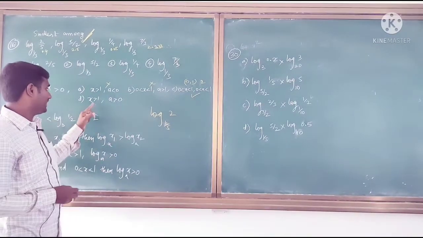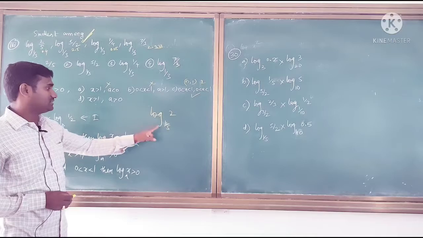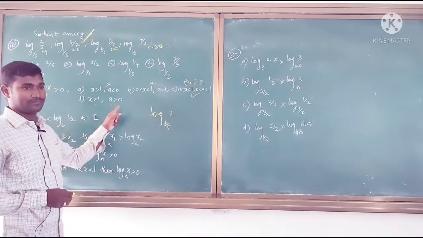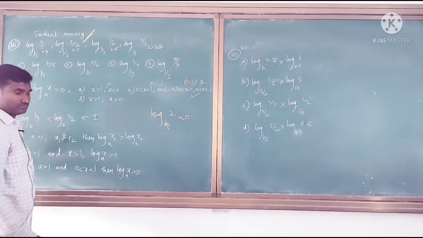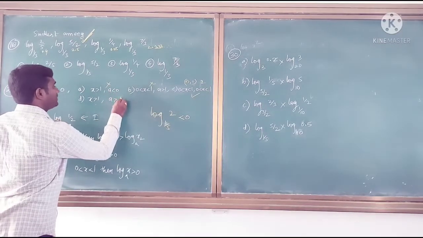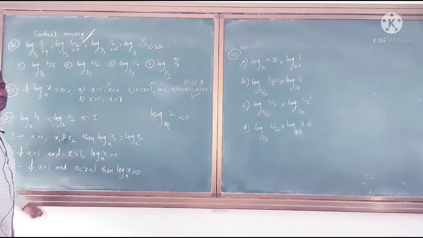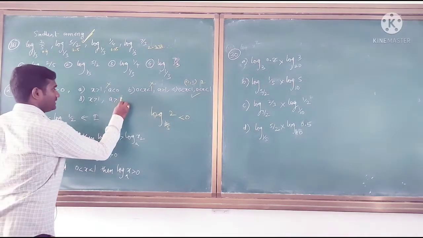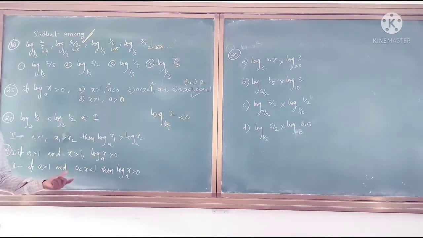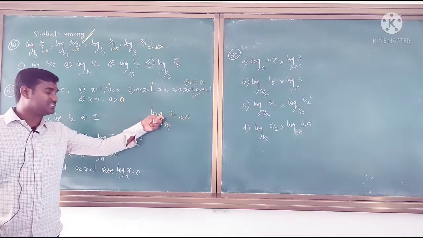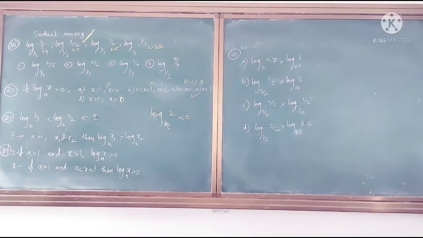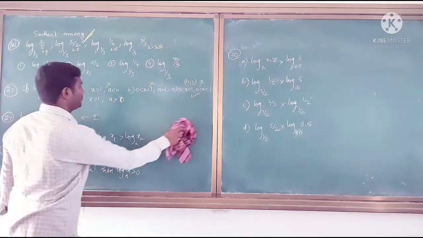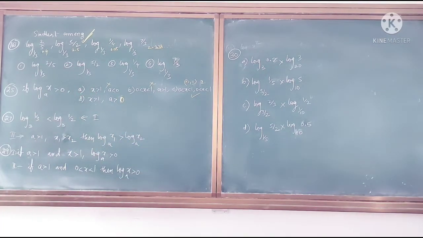X is greater than 1, 1 by 5 is greater than 0, but this value is less than 0. If they had given greater than 1, then it may be correct. But they mentioned greater than 0, so that number may also be considered.